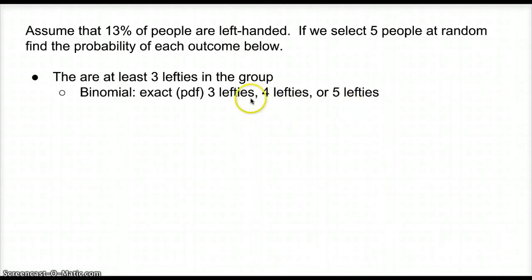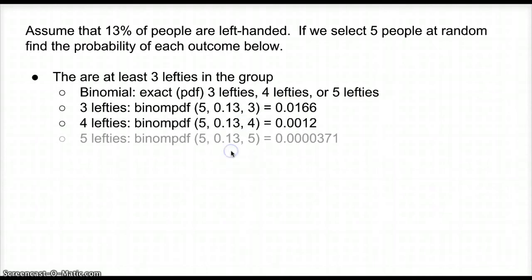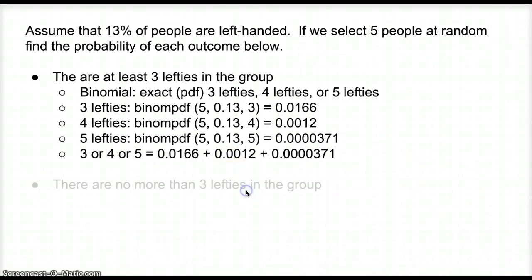So now what we're going to have to do is find the binomial for each one, and we're going to add them up. So the 3 lefties, the 4 lefties, and then the 5 lefties, to find out if there's at least 3. I did not write what that sum is, but you guys can plug that in the calculator and find out what it is.